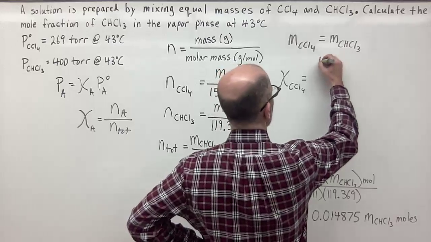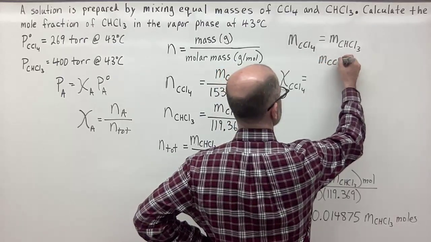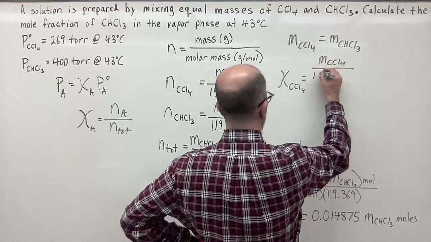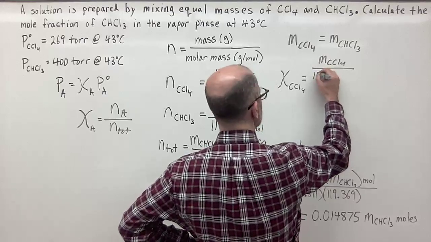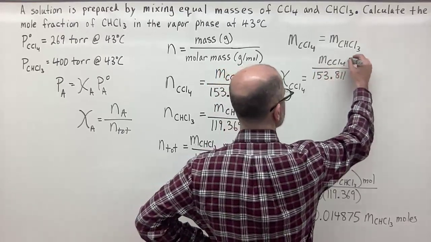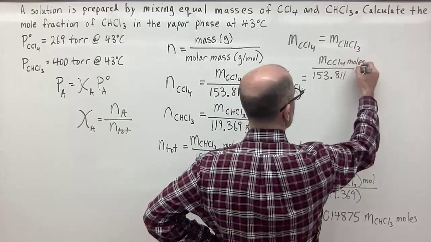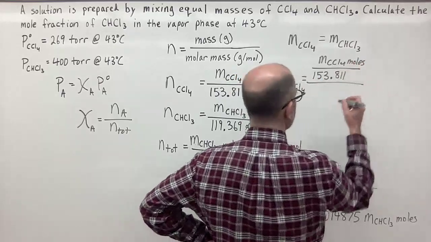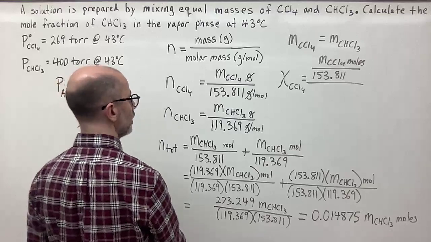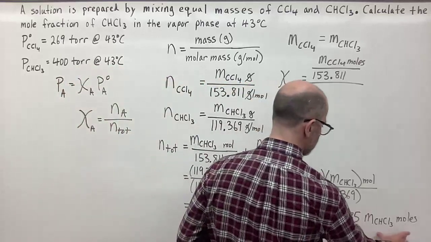So I have the moles of CCl4 over 153.811, and this is moles. And that's going to be divided by the total moles. So I'm going to take this and divide by that.